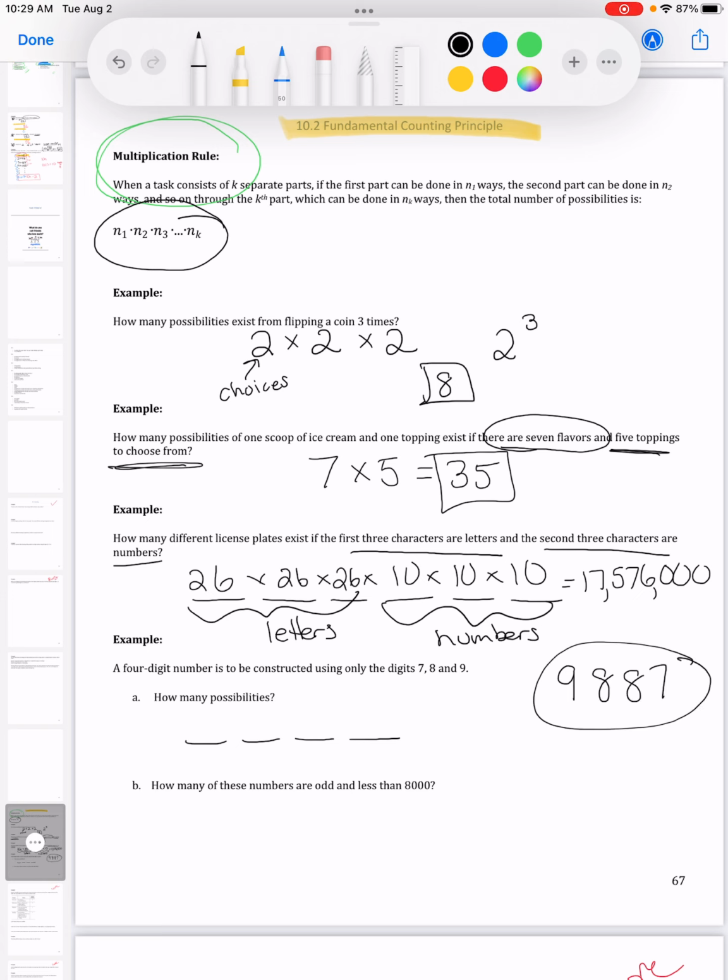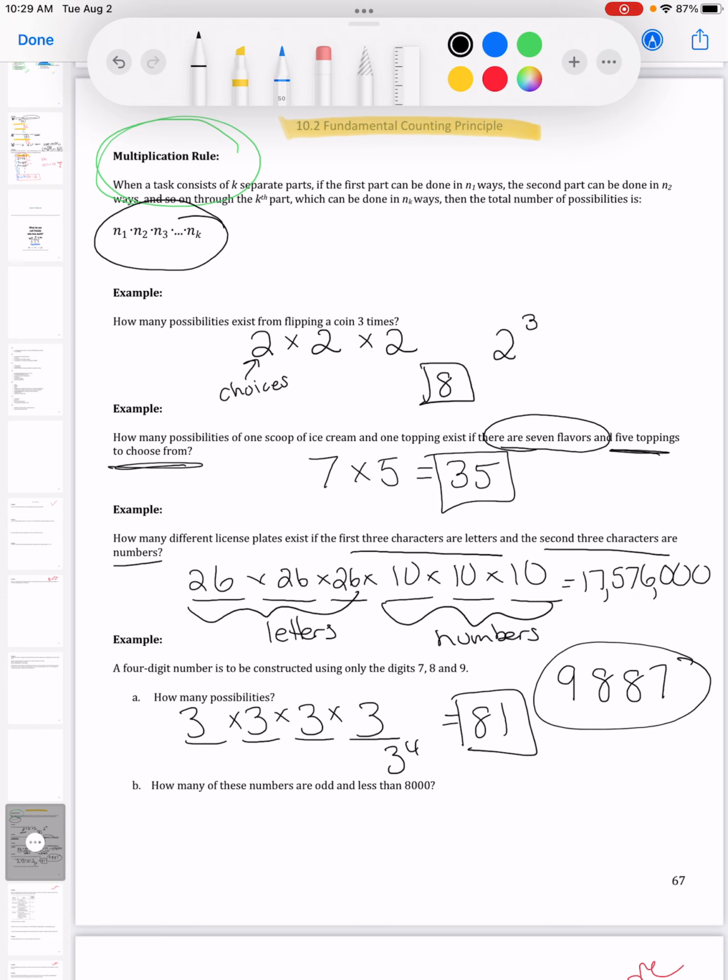That's a 4-digit number only using those 3 digits that I allowed you to use, 8, 7, and 9. So for each one of the place values, the thousands place, the hundreds place, the tens place, and the ones place, we each have 3 choices. And of course we're multiplying because it's the multiplication rule. So I've got 3 times 3 times 3 times 3. If you really want to see that 4, you can write 3 to the 4th. Either way you type it in your calculator, you're going to get 81.